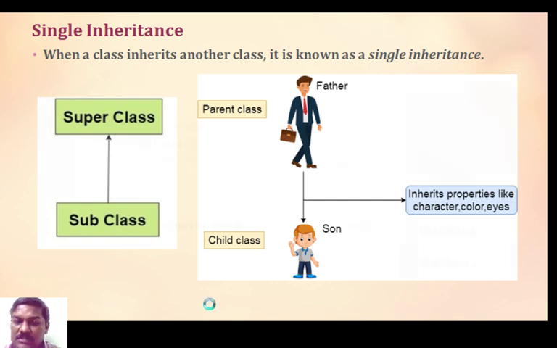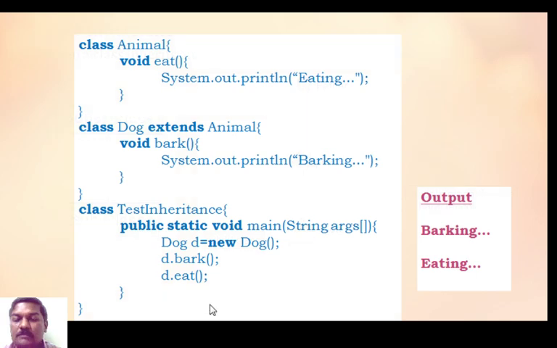Let us look at some programming so that we can understand the concept very clearly. See, I have declared a class called animal. Inside the animal, eat is the method which will print the statement eating.